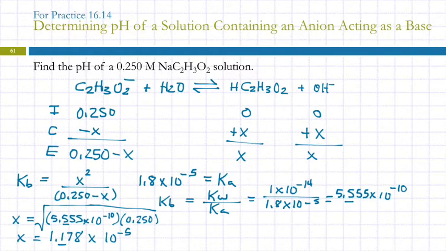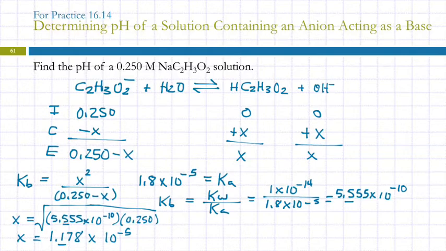So x is essentially 1.2 times 10 to the minus 5. That's going to be okay, but let's double check anyway. Divide by 0.25, and this is way under 5%. So x is small is valid.